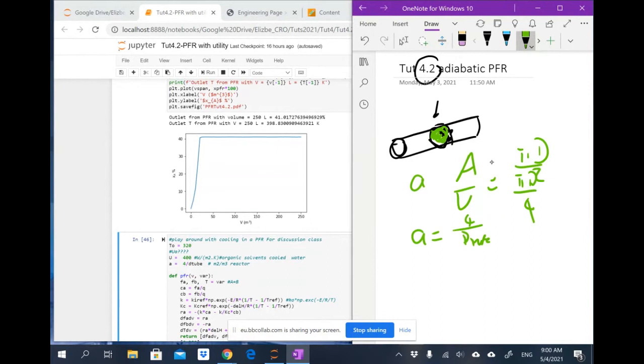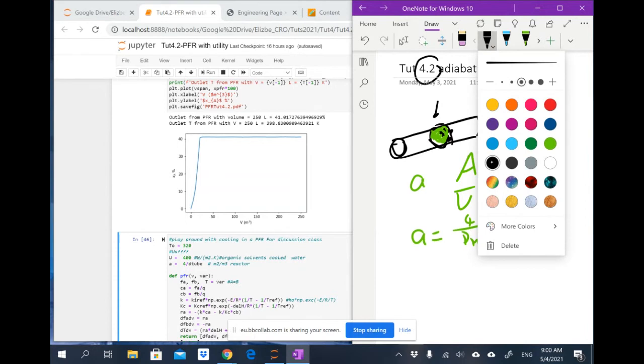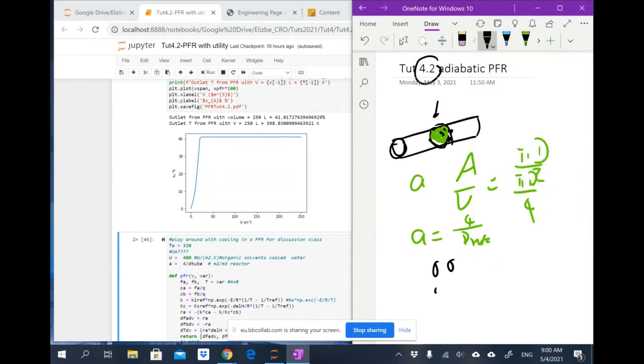Okay, remember, we now encountered the situation that we can have lots of tubes. So we can actually have 1, 2, 3, 4, 5 tubes, each with their own diameter. But you must realize that here the total area will be multiplied by the number of tubes, and the total volume too.